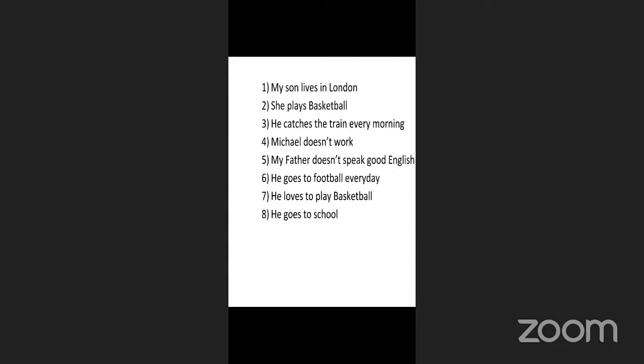So which order is that? Object, subject, verb. Because school is our object here. Remember the subject is he, the verb is goes, then school is the object. That is the normal English structure: subject, verb, then object.